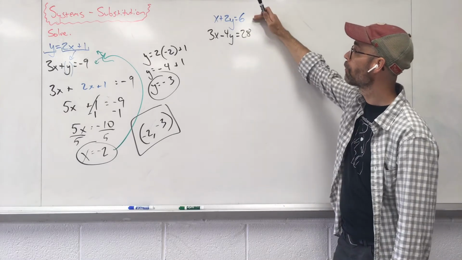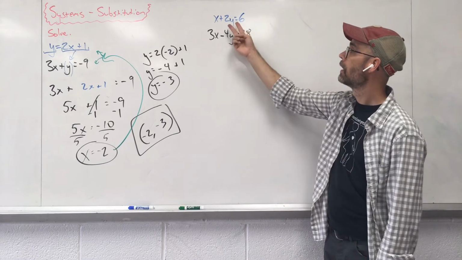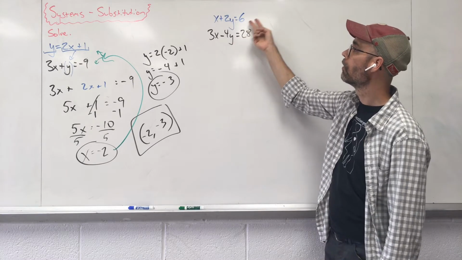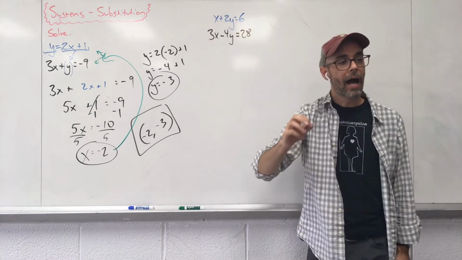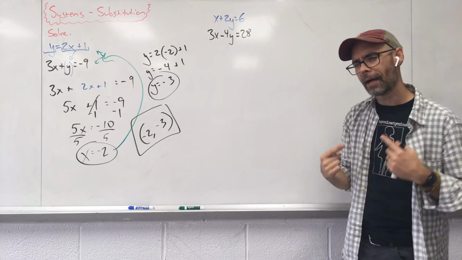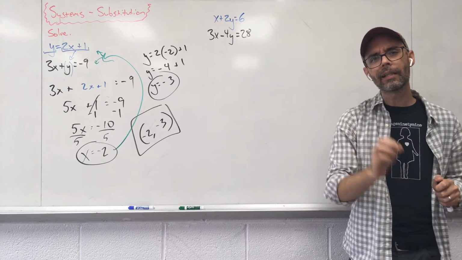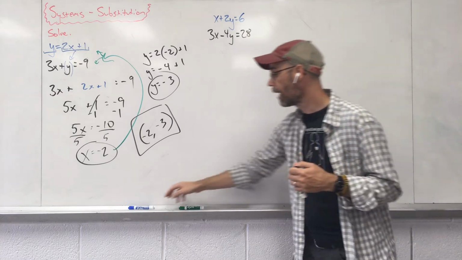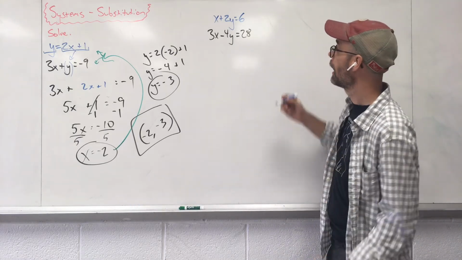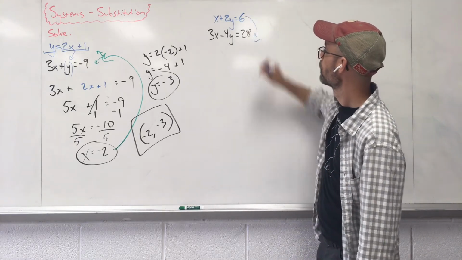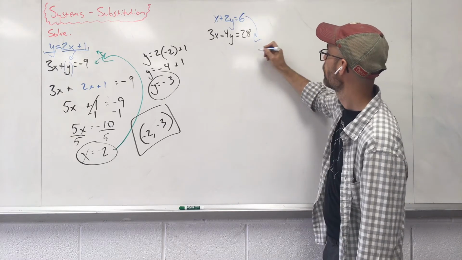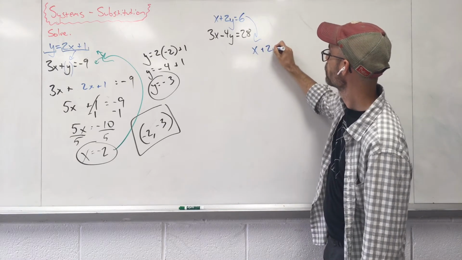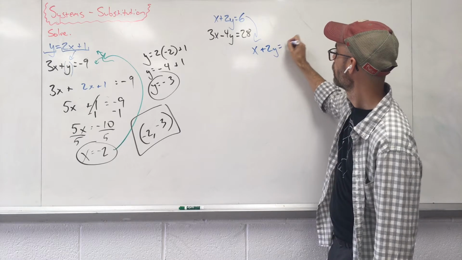Or I could go to the top problem and say, I can move this 2y over and then x is left alone. I have to kind of do the problem in my head to see what's the least amount of work that I can do. And then let's do it that way. So I need to rewrite this. X plus 2y equals 6.